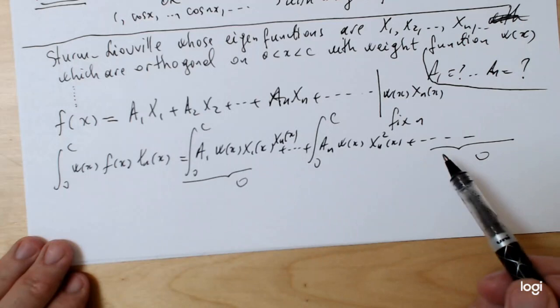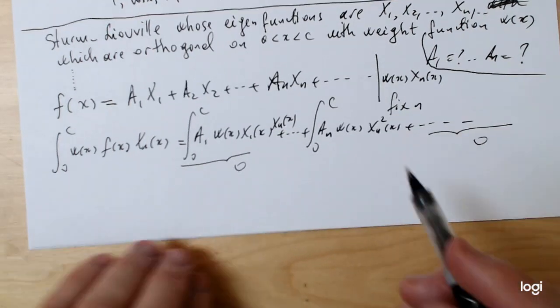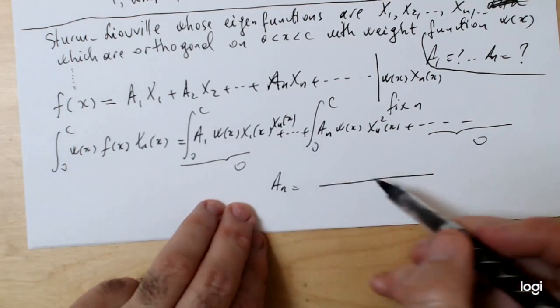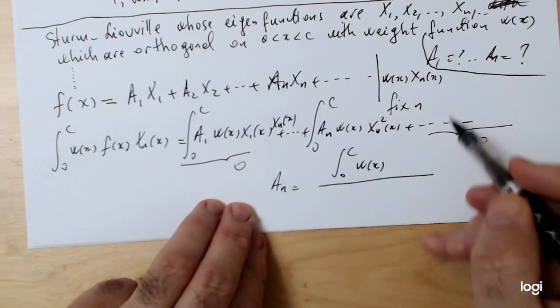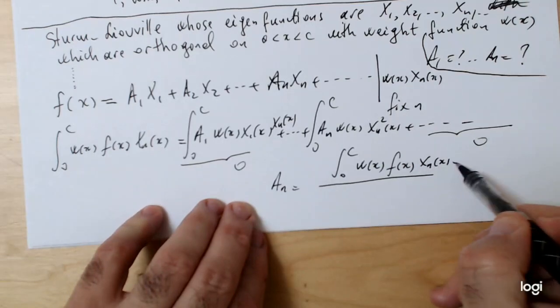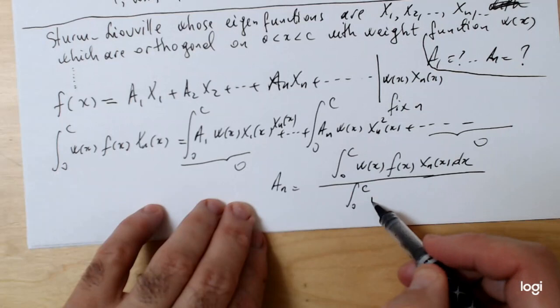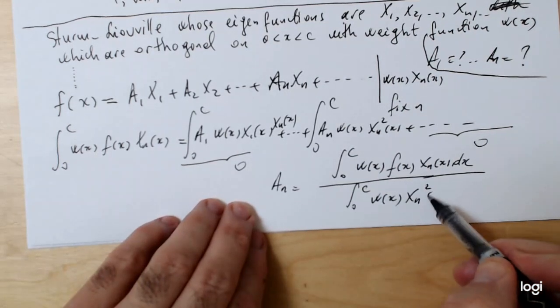So all of these are 0 except this one. And then you can solve for an just like before by pulling it out of the integral. On the top, you're going to have the integral from 0 to c of w of x, f of x, xn of x dx. And on the bottom, the integral from 0 to c of w of x, xn squared of x dx.